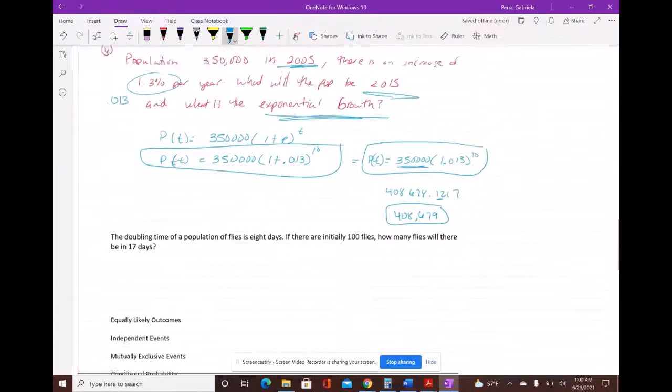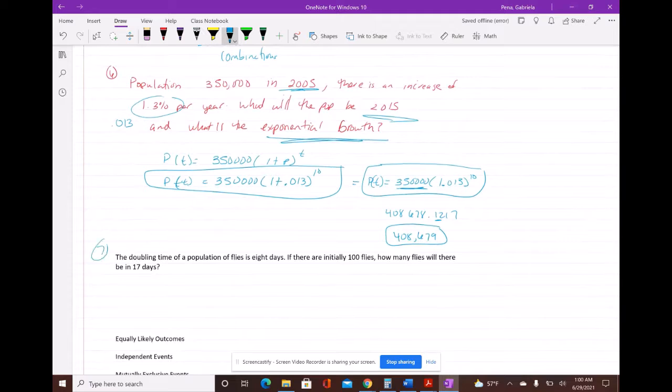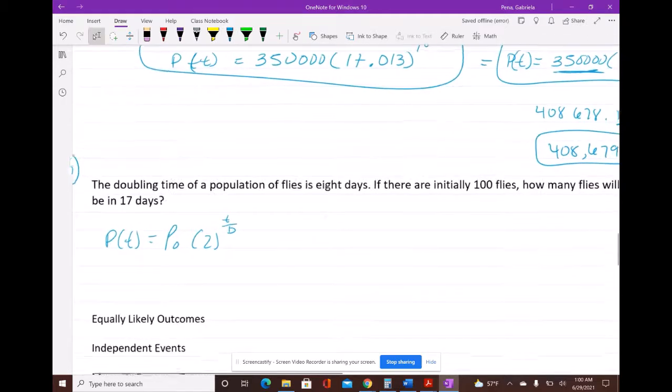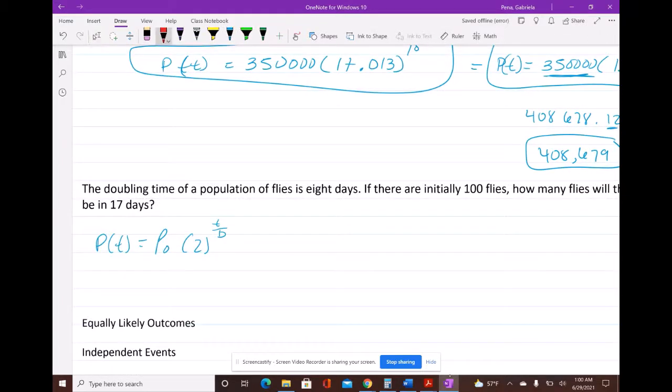Okay. The next problem, and if I had to label them, it would be number 7, is we're talking about doubling. Now, the formula for doubling is P of t equals P sub 0 times 2 to the power of t over d. Now, just to make sure we understand what all this means, P of 0 is going to be your initial population.